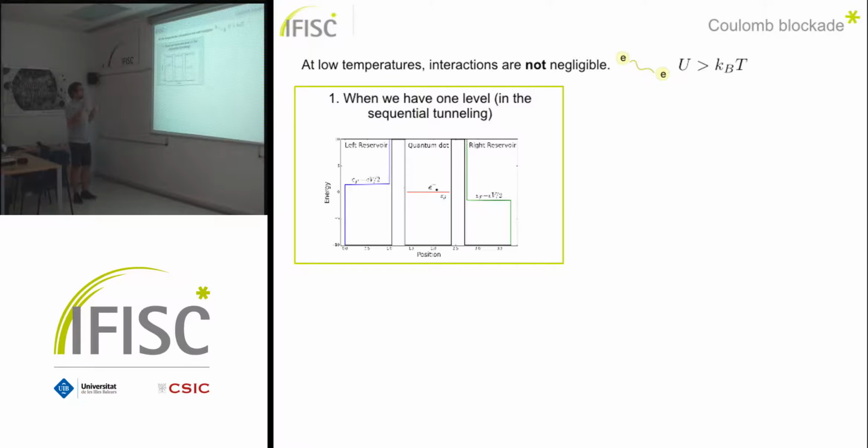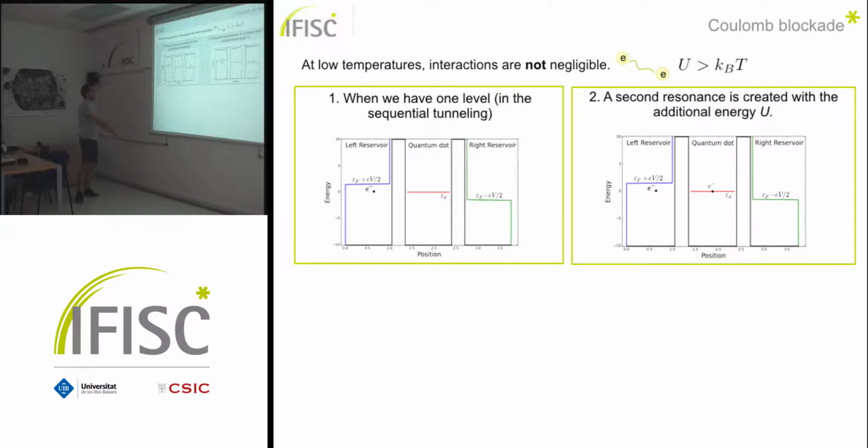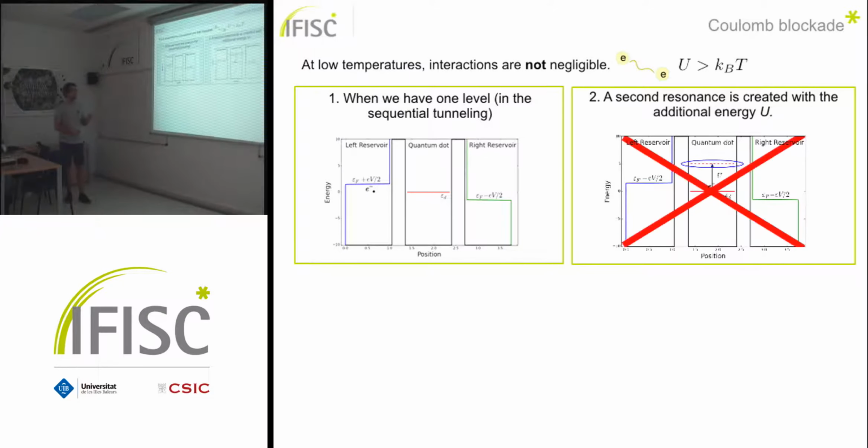If instead we have one electron, we know that electron-electron interactions are important. So due to that, the electron cannot go through from one part to the other, because some kind of energy has to be overcome in order to go through this system, and an additional resonance is created, which is located at the energy level plus this charging energy potential.